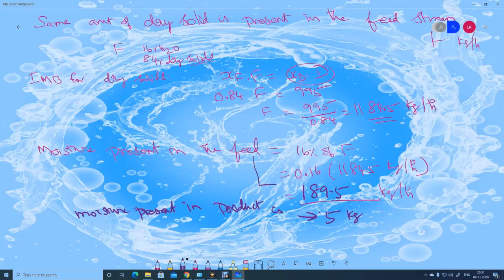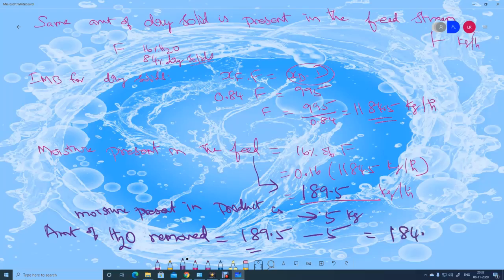Okay, so in the feed we have 189.5, in the product we have 5 kg. So what is the amount of moisture removed? Amount of moisture removed is equal to 189.5 minus 5. This is the amount of moisture present in the feed minus the amount of moisture present in the product. So what we get is 184.5 kg per hour is the moisture removed.